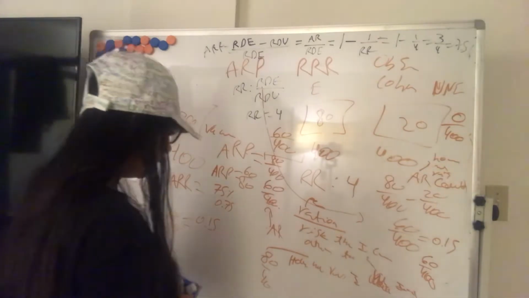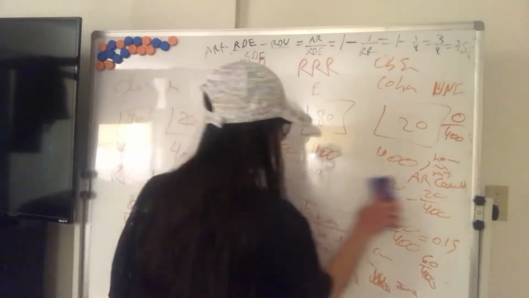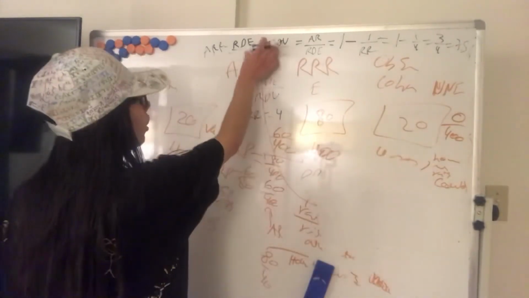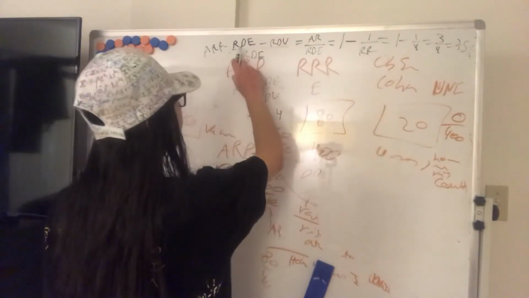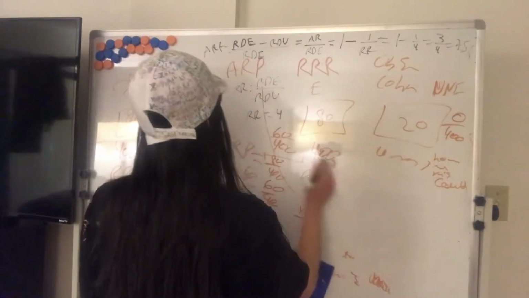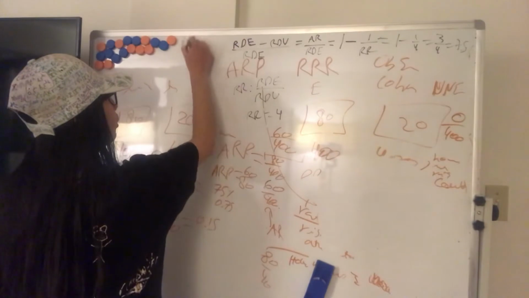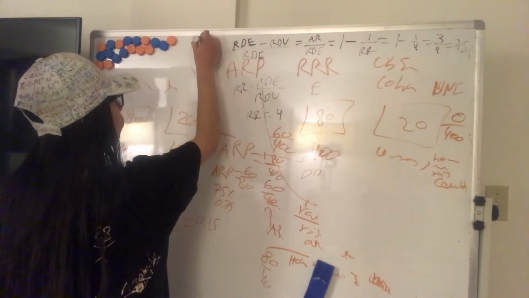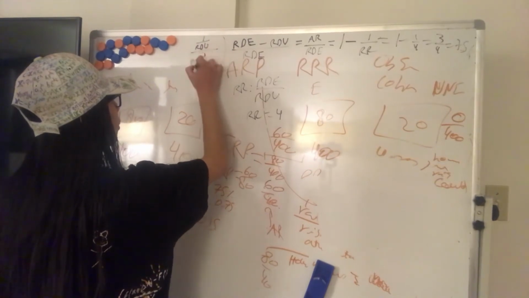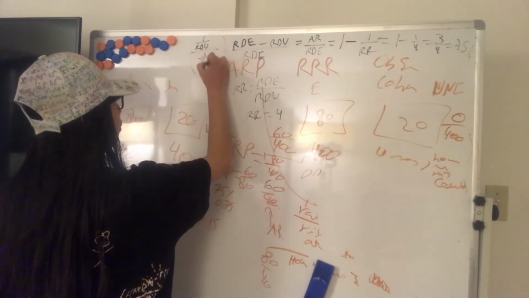Another way to do it is, instead of dividing this by this and then this by this, you could multiply everything by 1 over the rate of disease in the unexposed group divided by 1 over the rate of disease in the unexposed group.